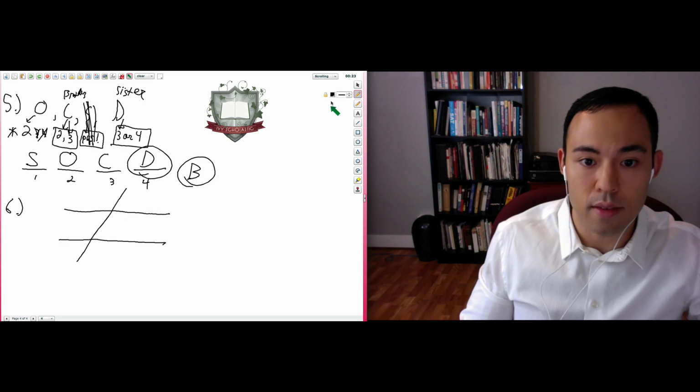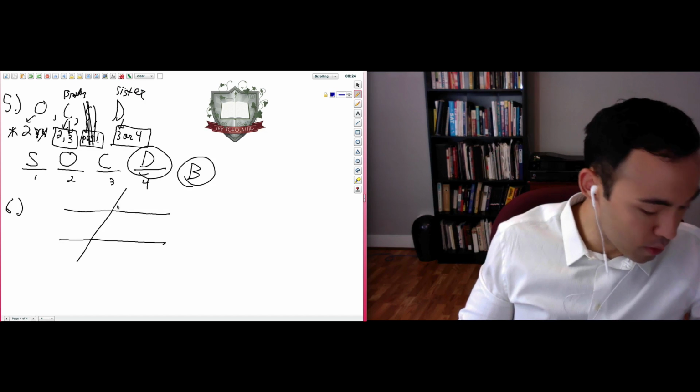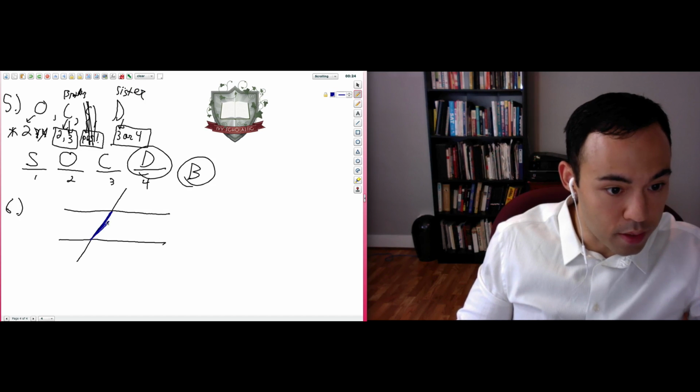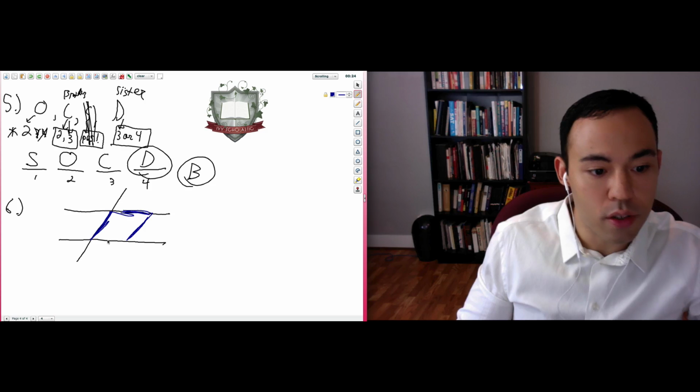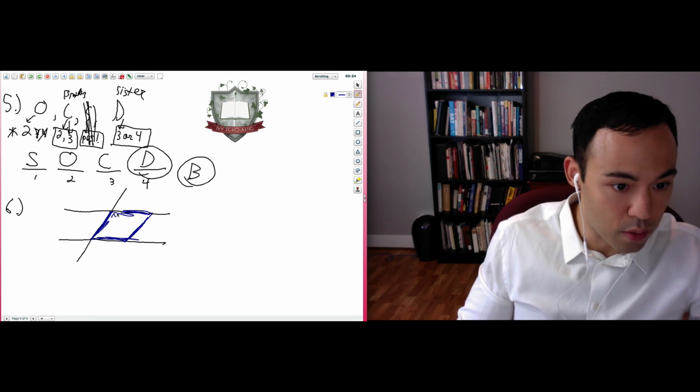So in this case, they're able to disguise the fact that they're testing this by drawing this parallelogram like this and not showing you that they're testing this concept. And they're giving you this y and then this x.